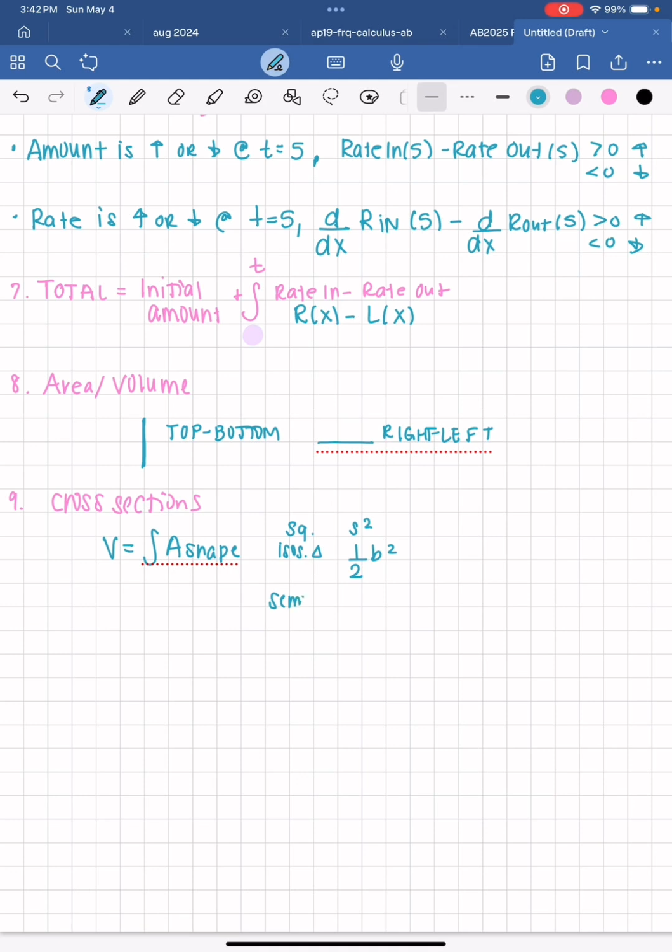A semicircle is pi r squared divided by 2. They love a good rectangle, which is just base times height, and they're going to relate the base and height to something. And I guess they could ask an equilateral triangle, which is rad 3 over 4 base squared. Got to memorize those.